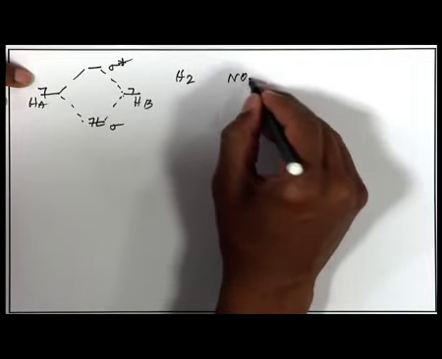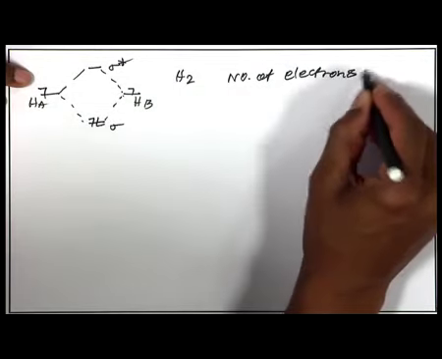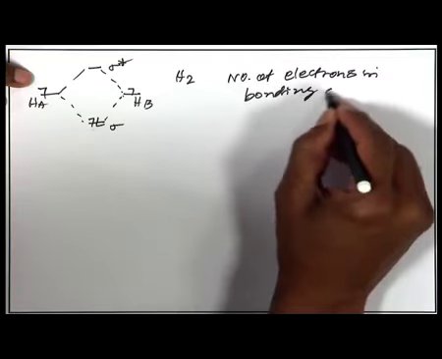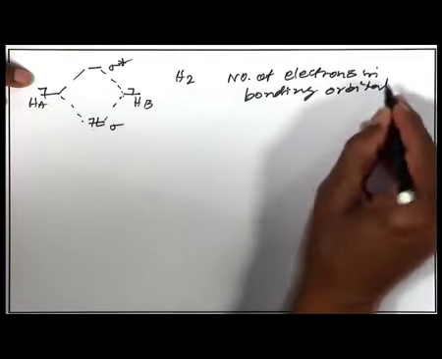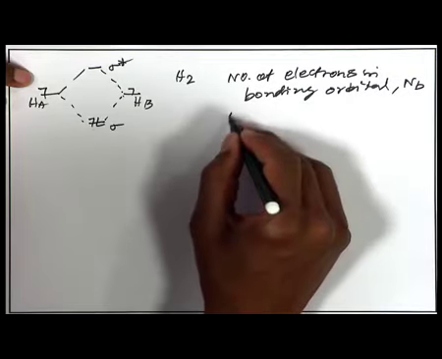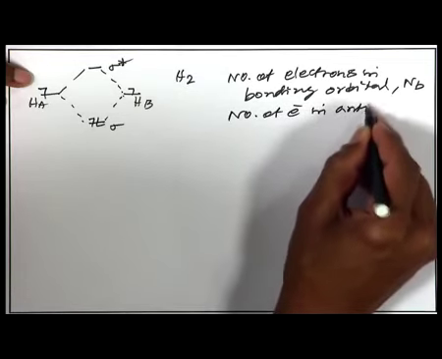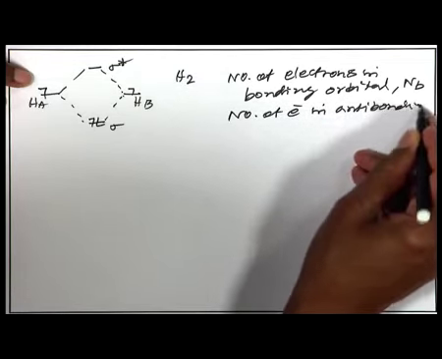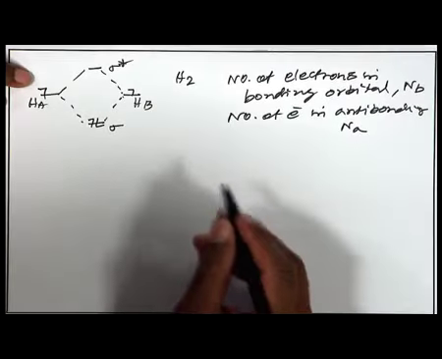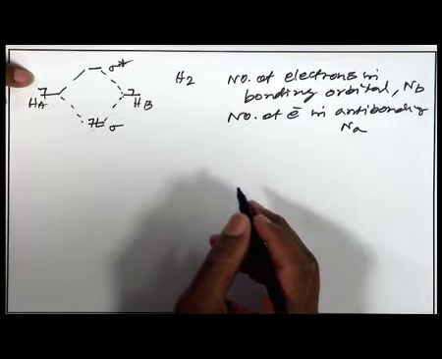So, the number of electrons in the bonding orbital is taken as NB. Similarly, the number of electrons in the anti-bonding orbital is taken as NA. Then we can talk about the stability of the molecule by using the concept called bond order.